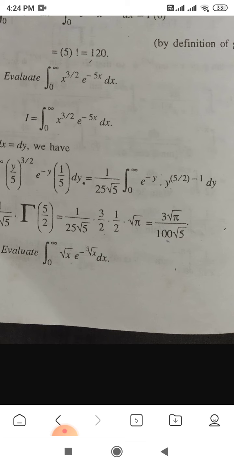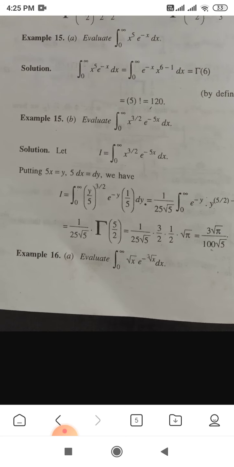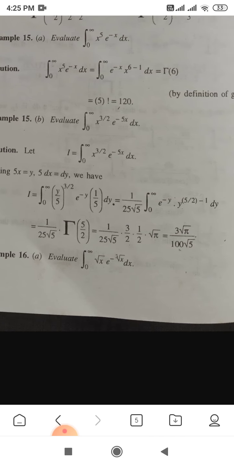So this function is comparable to the gamma function. The gamma function is 0 to infinity e to the power minus y, y to the power m minus 1 dy. After comparison, we get 1 upon 25 root 5 and gamma 5 by 2.